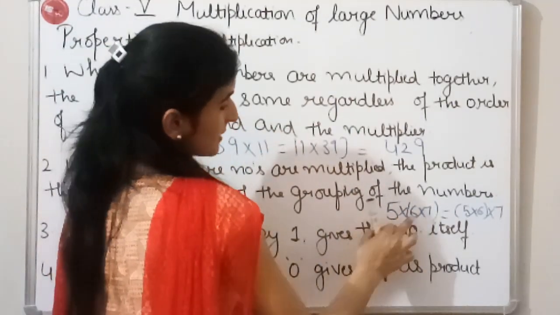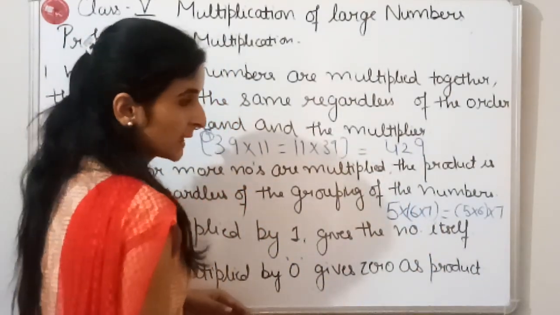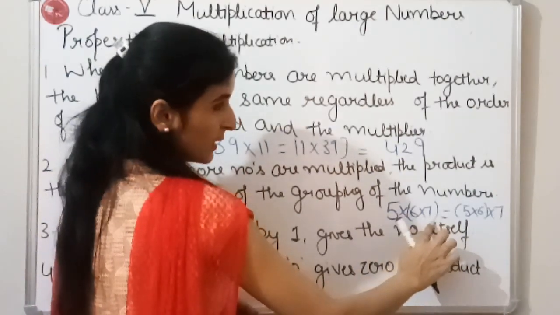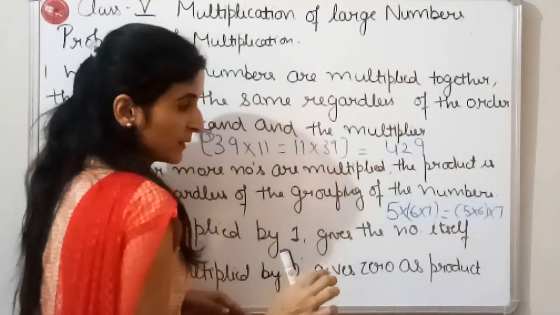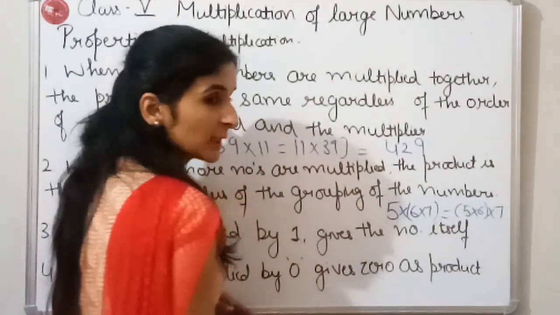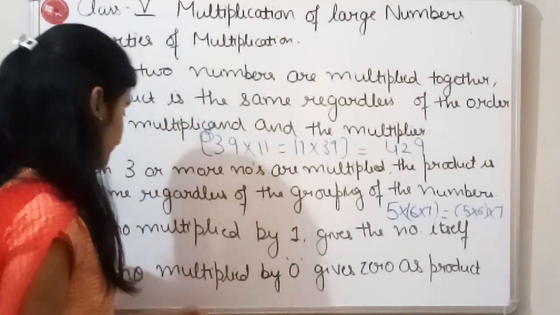Likewise 6 7s are 42, 42 multiplied by 5 is 210. So whether you multiply 6 and 7 first and then by 5, or you multiply 5 and 6 first and then by 7, the answer is going to remain same.